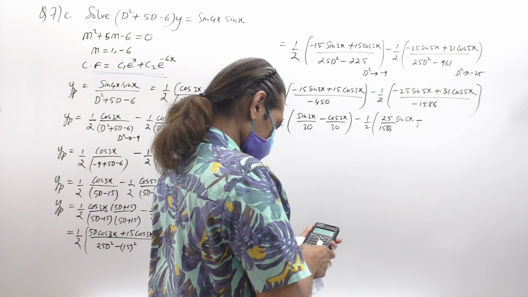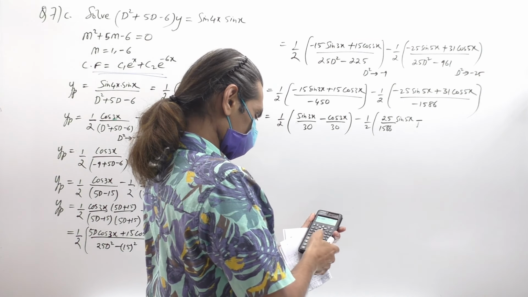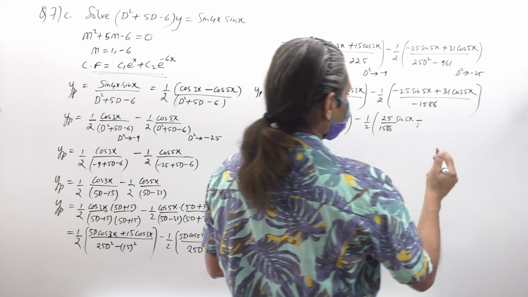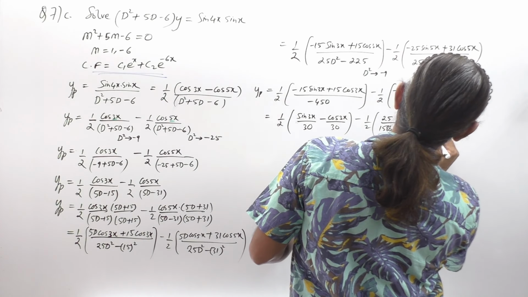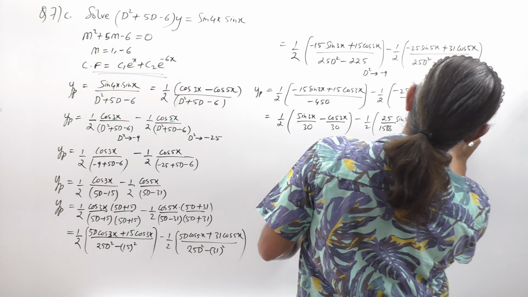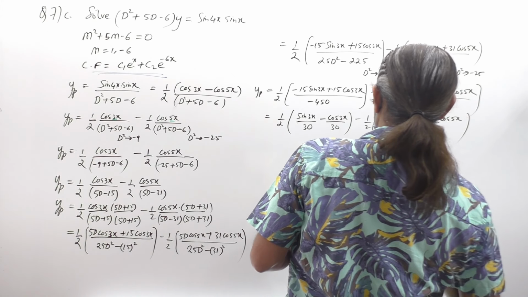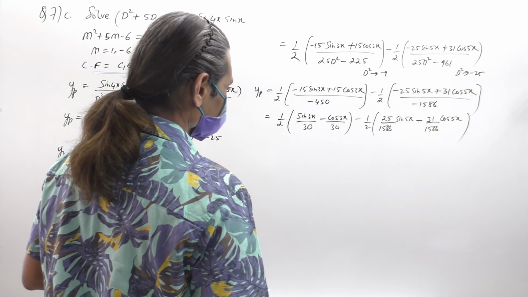Let's see if this reduces. 31 divided by 1586 is same as it is. Okay, minus 31 by 1586 cos 5x. If you want, you can multiply inside or leave it as it is.